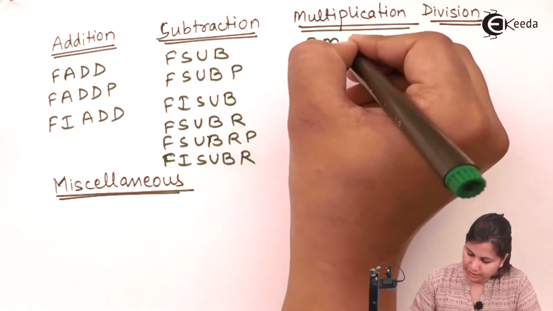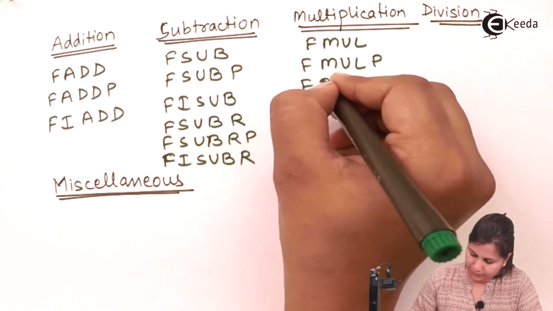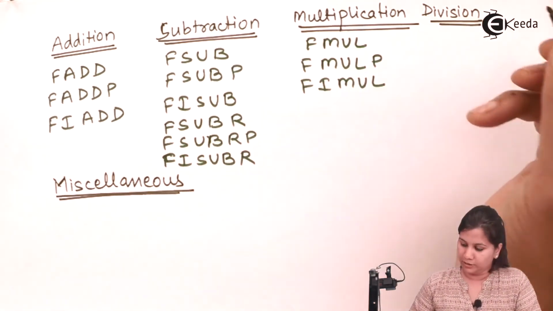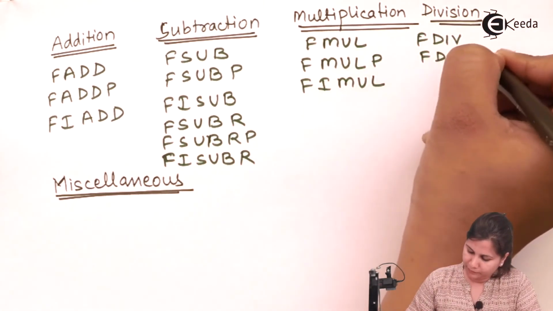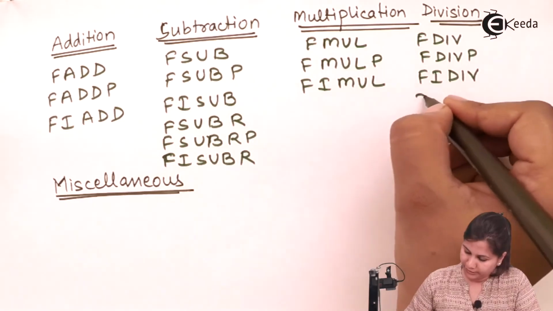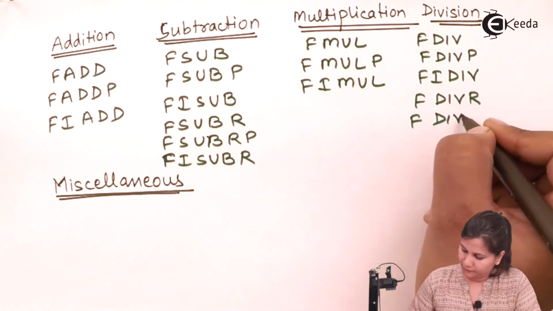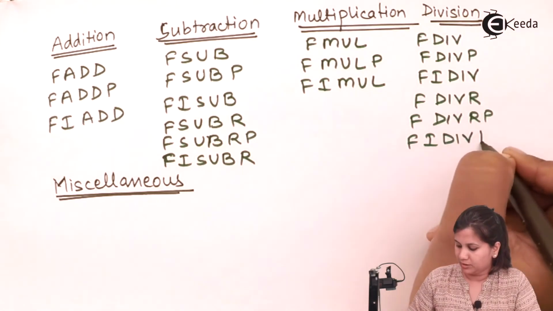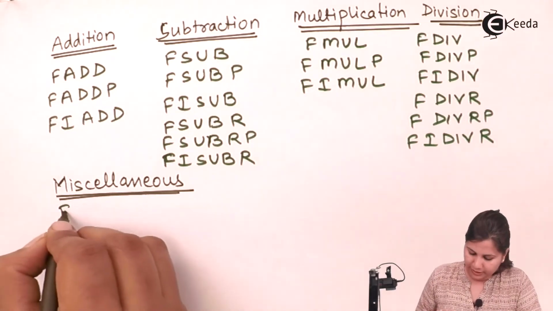For multiplication, FMUL, FMULP, FIMUL. For division, FDIV, FDIVP, FIDIV. For reverse, FDIVR, FDIVRP, FIDIVR. Then come the miscellaneous instructions.